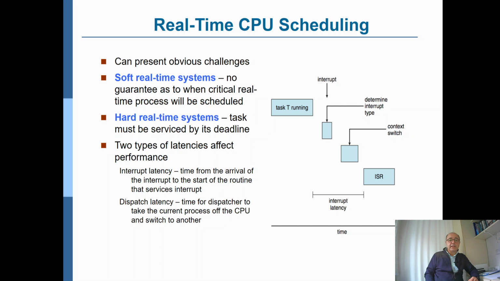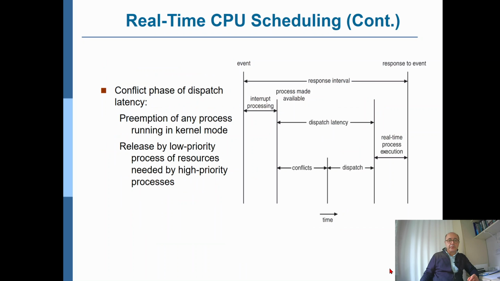And the second one is the dispatch latency, which is the time for the dispatching operation between the current process and the next process. So in the case of real-time systems, when an event occurs, you have to give a response.